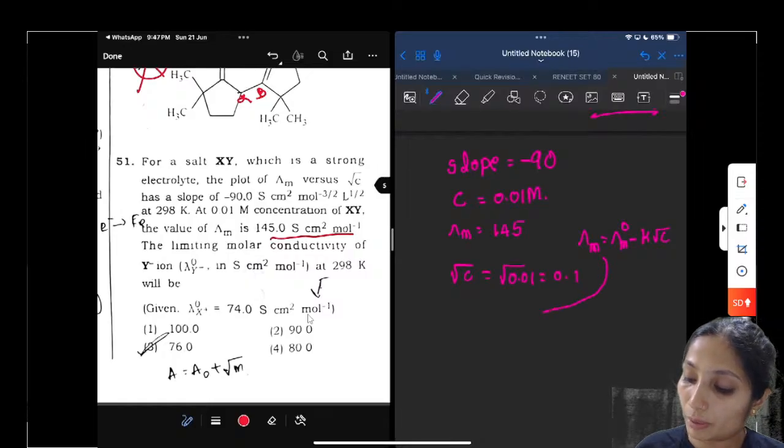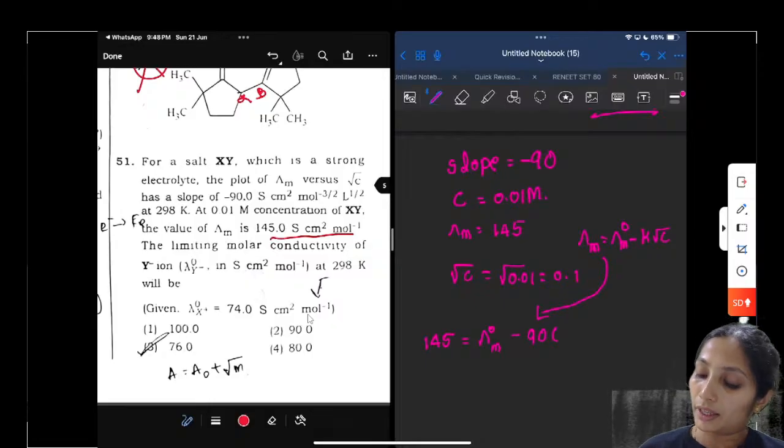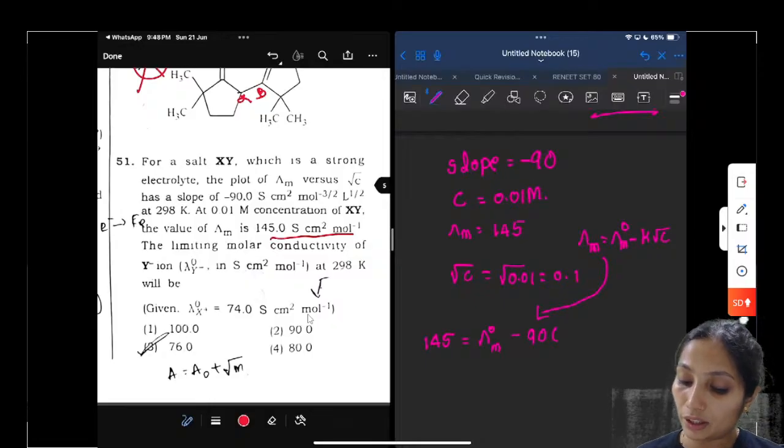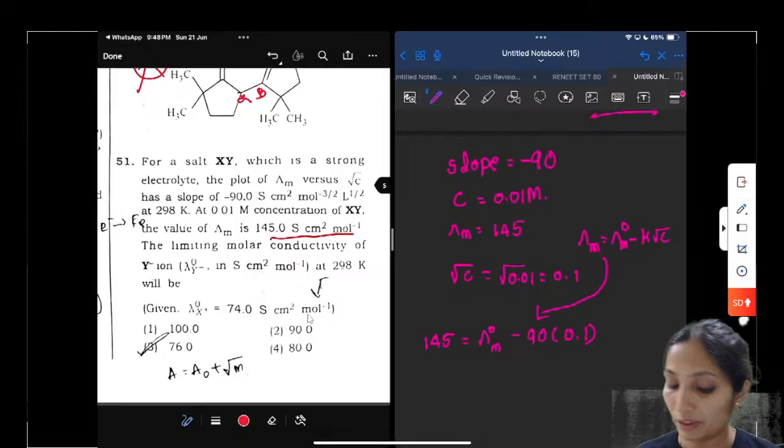Now take this formula and substitute. Lambda m, we know the value 145, is equal to lambda m naught, which I don't know, minus k, whose value is 90, given in the question as the slope, into 0.1, the root C that we have calculated.